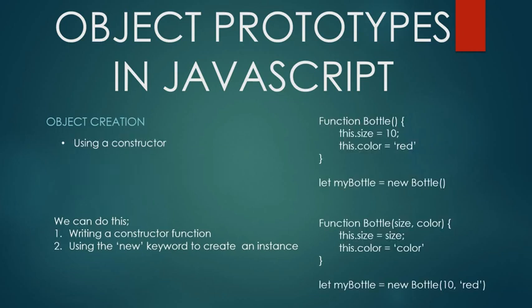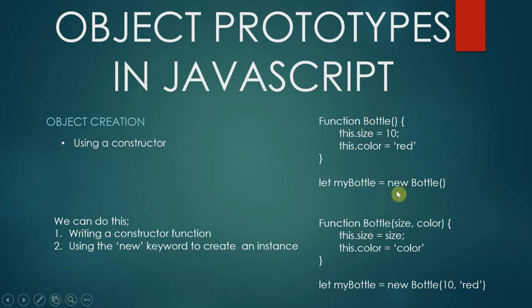A constructor function is just the same thing as a function. The difference is that the function name is no longer camel case, but Pascal case. You can see the B here with a capital letter.